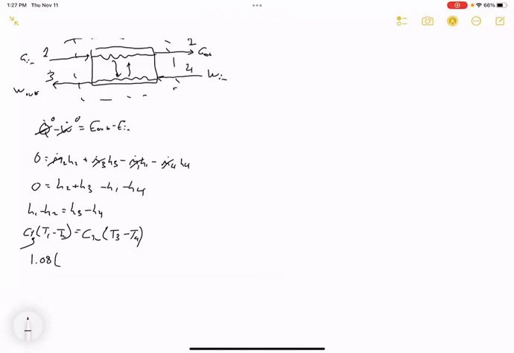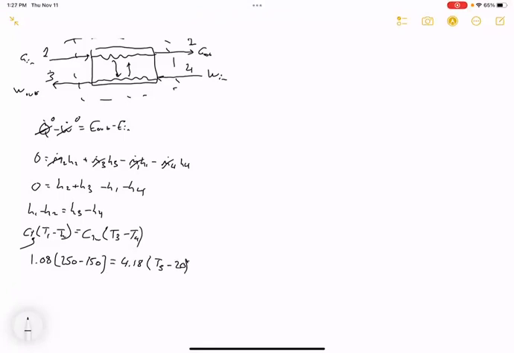Now, temperature 1, the inlet temperature of the gas, is 250. It leaves at 150. And this is 4.18 times T3 minus T4. We don't know T3, but we know that T4 is 20.